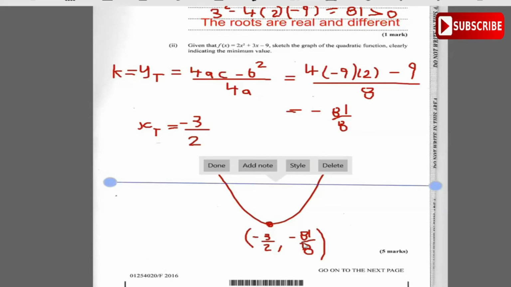Now negative 81 over 8, the x-axis is somewhere over here. You might wonder, how do I know that the x-axis is here? Now the only thing you really should know is to draw the y-axis. This is negative 81 over 8. All right, and the graph cuts the y-axis at negative 9. So the y-axis would be somewhere right here.